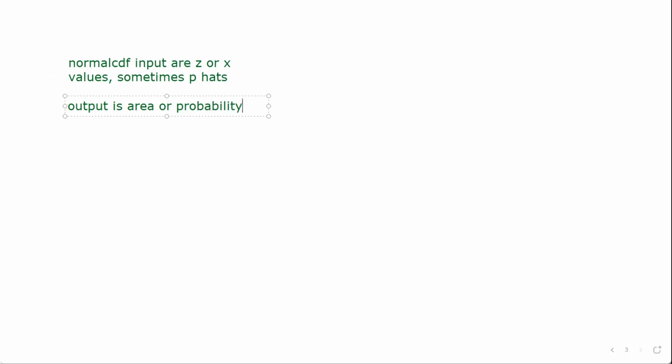When I have normal CDF, the inputs are Z or X values, sometimes P hats, but they usually come from Z or X. And the output of this is an area or probability. That's normal CDF.